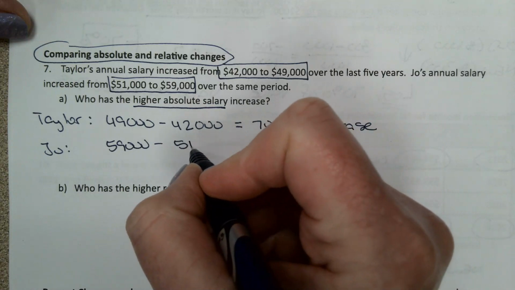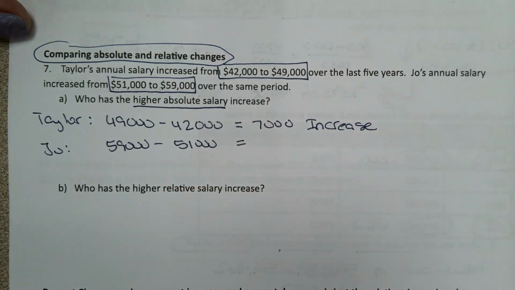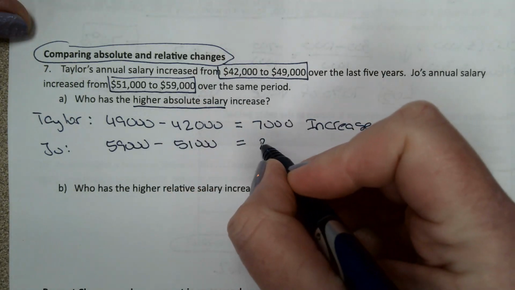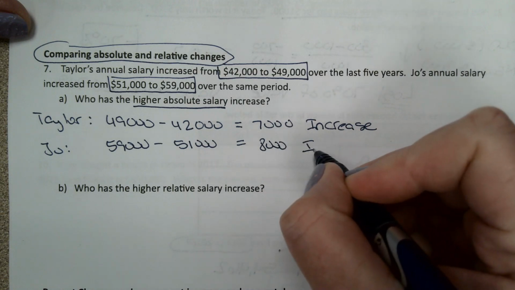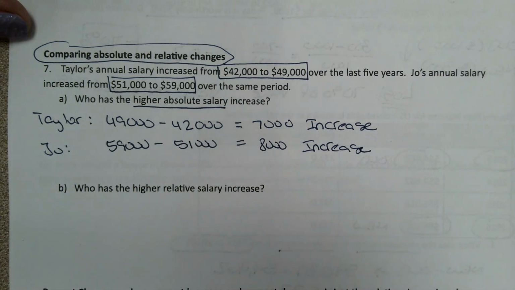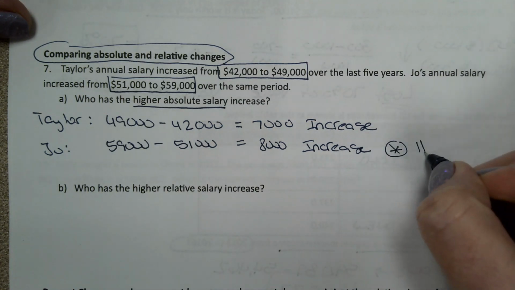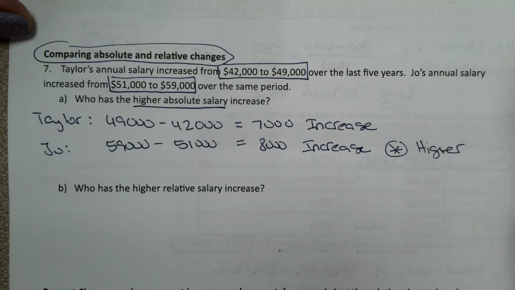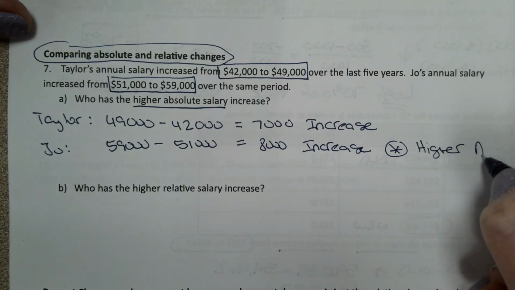I'm going to subtract these two numbers. And Joe has an $8,000 increase. So it says, who has the higher absolute salary increase? So Joe has the higher absolute.